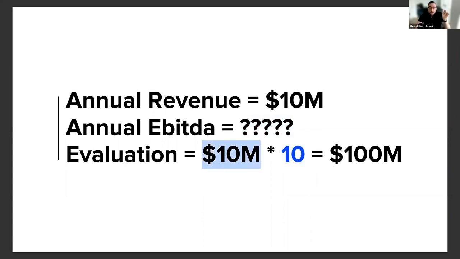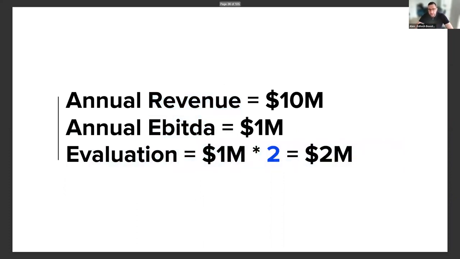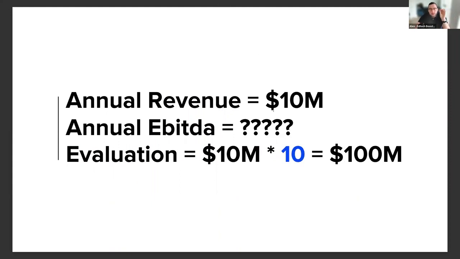So your revenue is going to define not EBITDA, but the cost of the startup. You see, if we speak about a classical business, your EBITDA defines the evaluation. But if you speak about a startup, revenue defines the evaluation.